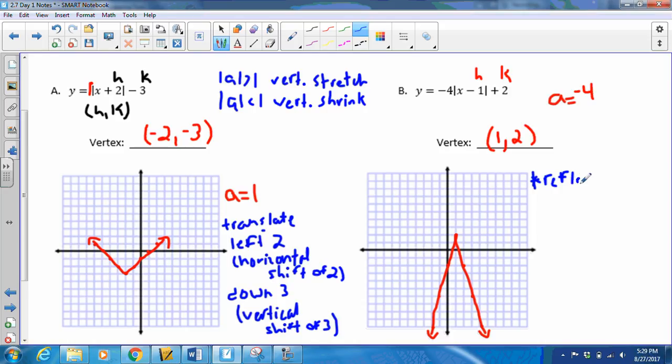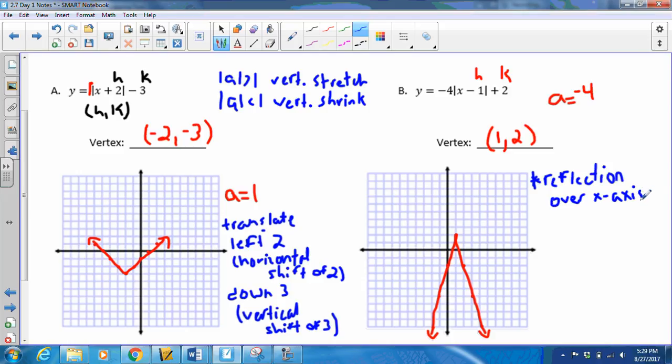Because really when you reflect, you could reflect it over any line on the graph. But it's just a lot easier if you just say reflection, and then make sure you say over the x-axis. It's very important that you say specifically the x-axis, because you could reflect it over the y-axis as well. But we won't deal with that for this lesson.